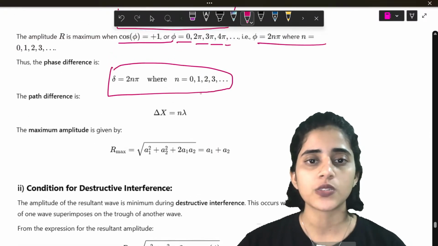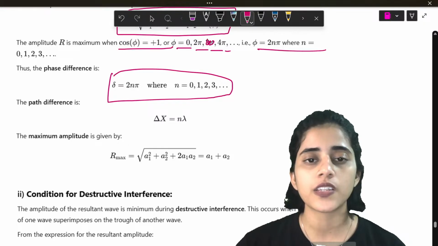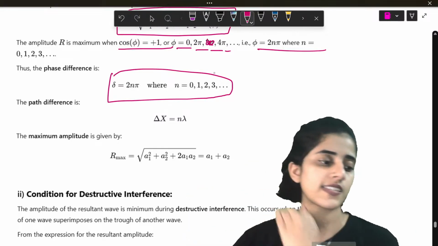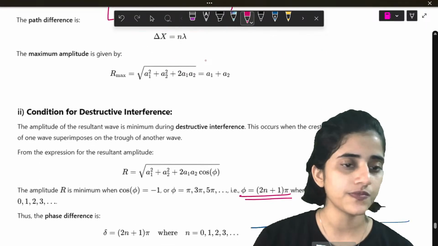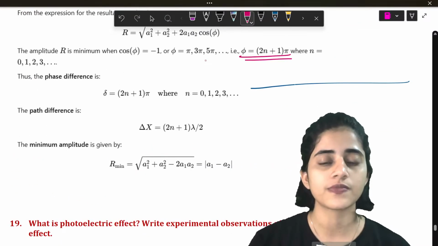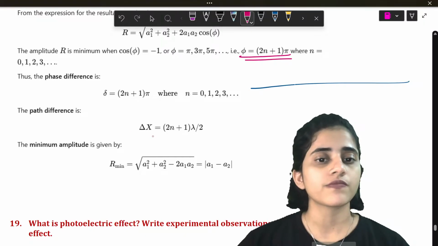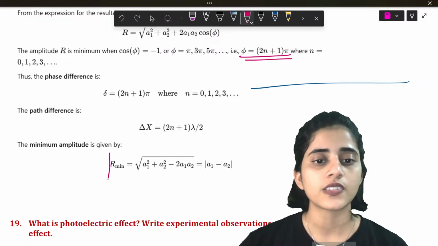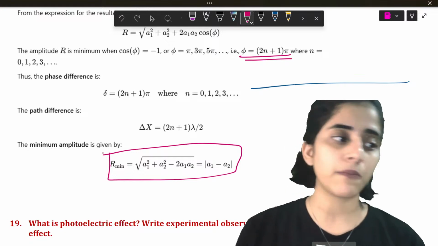Here there is a small correction: 3 won't be there, it will be odd multiples of pi. This is the value for maximum and minimum amplitude.